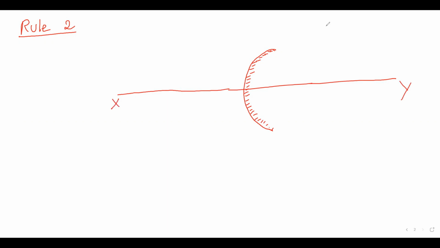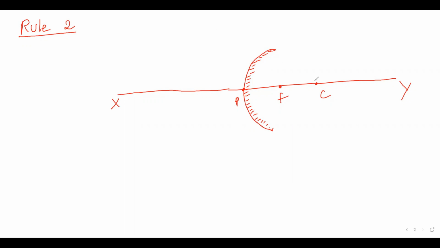Note down pole, focus, center of curvature. The second rule says that any light ray moving towards center of curvature will be reflected back in the same direction.